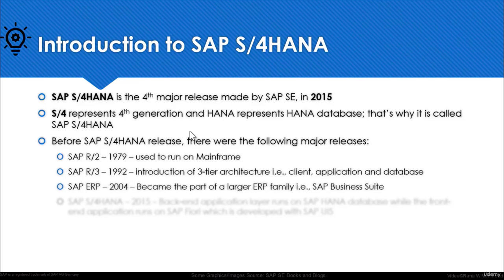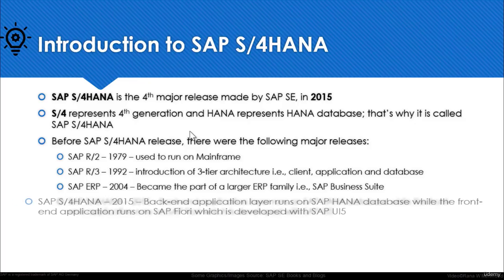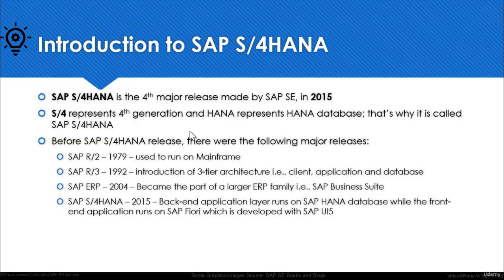Then SAP ERP in 2004 became part of a larger ERP family, that is SAP Business Suite. Then finally in 2015 we got SAP S4HANA, and its backend application layer runs on SAP HANA database, while the front-end application runs on SAP Fiori, which is developed with SAP UI5. SAP UI5 is actually a JavaScript application framework designed to build cross-platform responsive enterprise-ready applications.